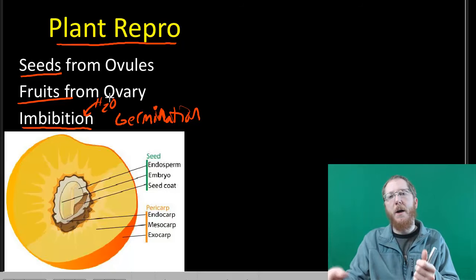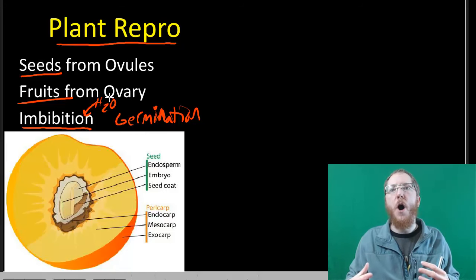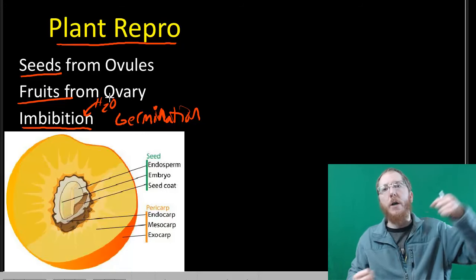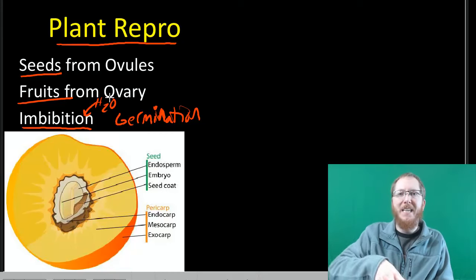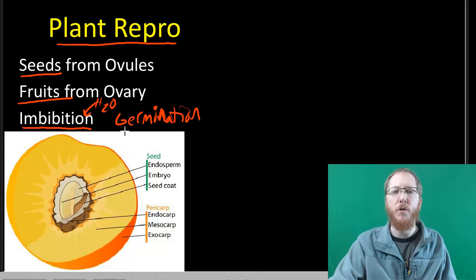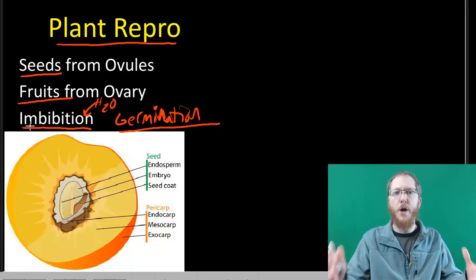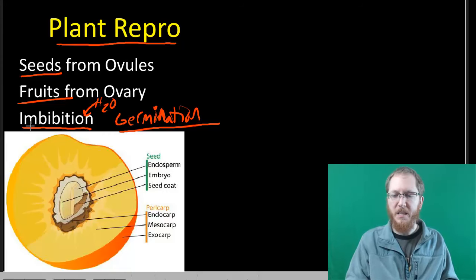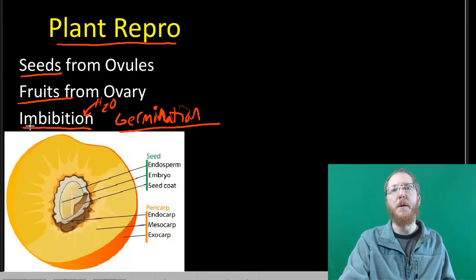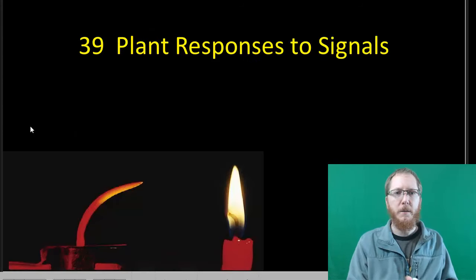The root will come out, called the radicle, get into some water to start soaking it up, and all that water can be used to grow and elongate the cells to allow the plant to get bigger and try to find light. And so we'll call that starting out growing of a plant germination, and it begins with this process of imbibition. Water is the critical piece. That's why typically if you want seeds to grow, you put a bunch of water there, because that's what tends to trigger it. All right.